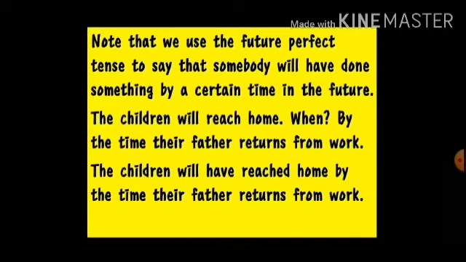But when? By the time their father returns from work. But before the father returns, who reaches home at first? The kids, the children. So how can we say this in future perfect tense? The children will have reached home by the time their father returns from work, okay.